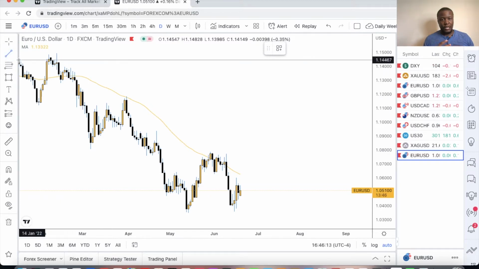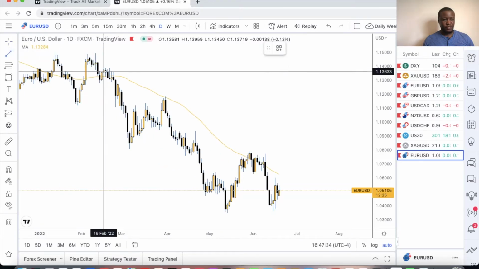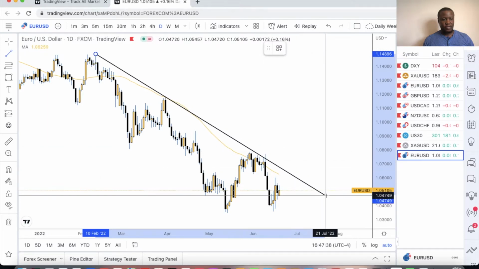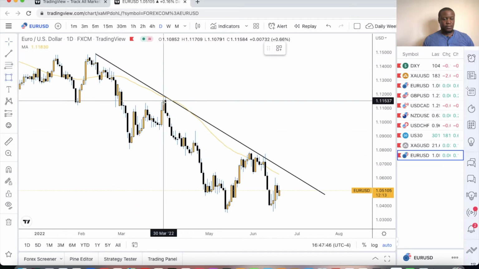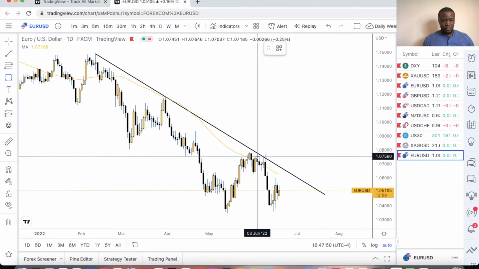So first of all, I've got to break down the chart. So let me just break this down for you real quick. So we've got this downtrend currently in the market. And at some point, we expect the market to come back up and retest this trend line, correct?